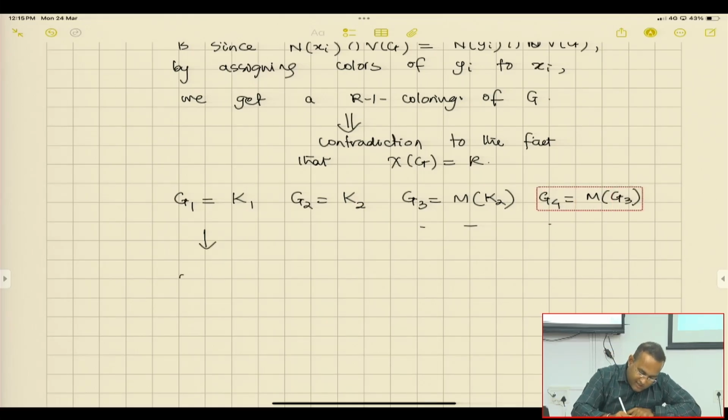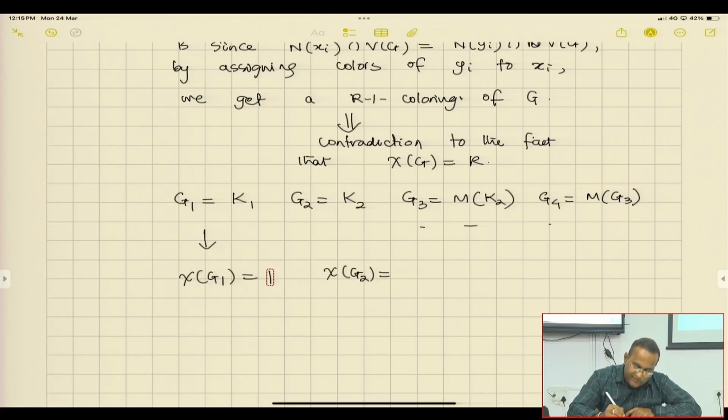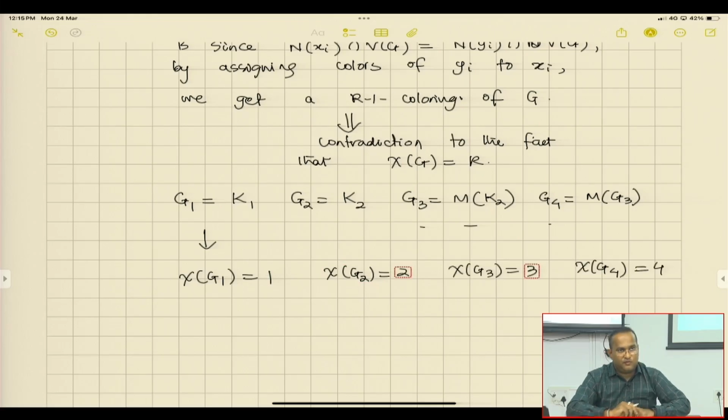Chromatic number of G1 is 1, chromatic number of G2 is 2, chromatic number of G3 is 3, chromatic number of G4 is 4, right? Like that we are going to have. If we have Gk, then chromatic number of Gk will be k, right? And k can be arbitrary.